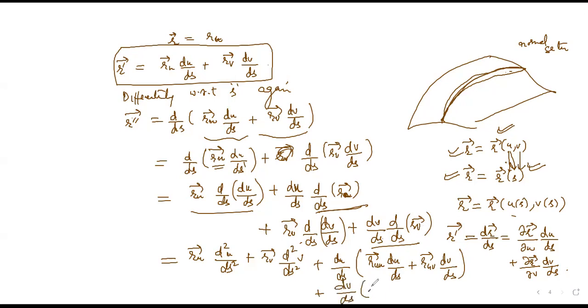Now that you have got r sub vu du by ds plus r sub vv dv by ds. ये सिंपली चेन रूल है जो मैंने 2 बार यूज किया.